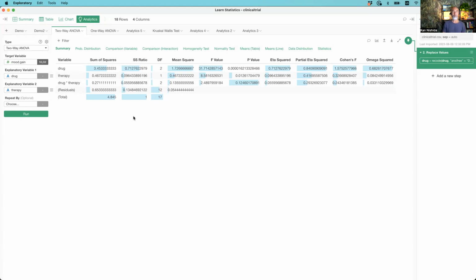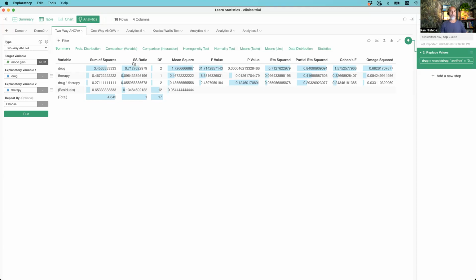Then the sum of squares, which is basically the variance, except it's not divided by the number of patients, so it's not an average. It's just the combined squared differences. All of these combined together become the total.